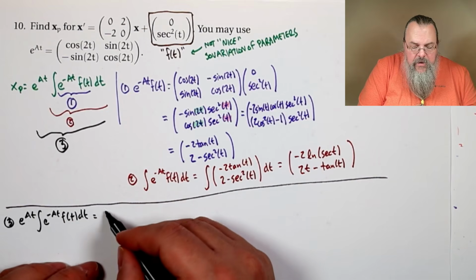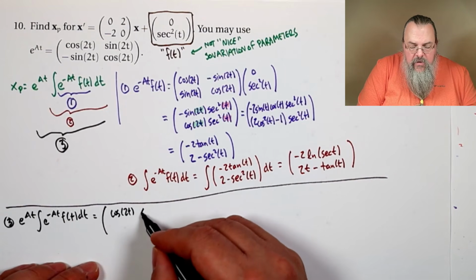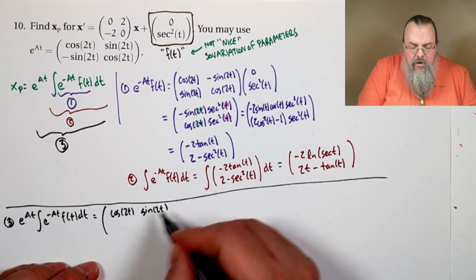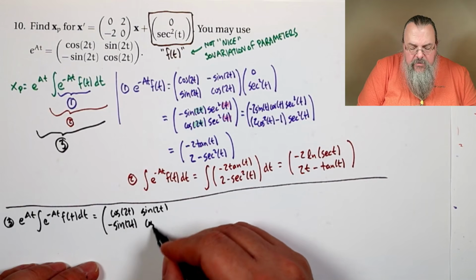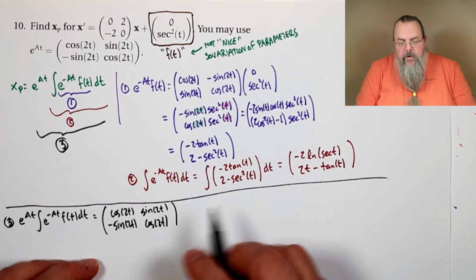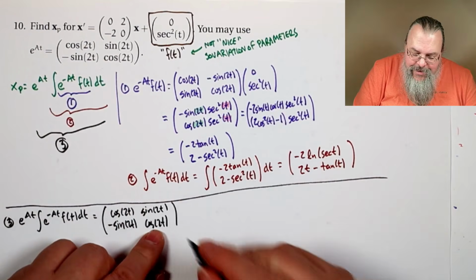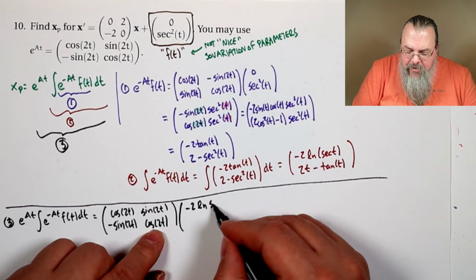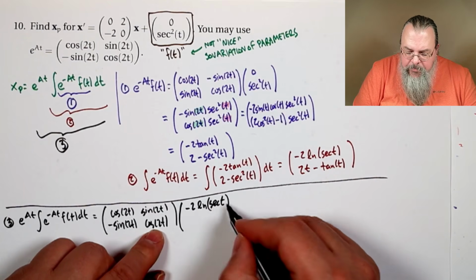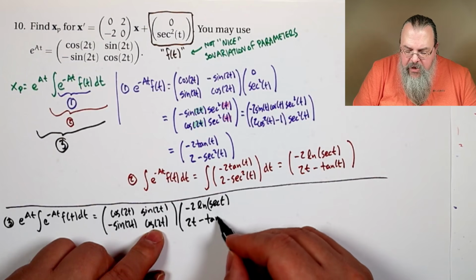Well, that is our function cosine 2t, sine of 2t, minus sine of 2t, cosine of 2t, right? That's our e to the at. They gave it to us. Times what we just found, minus 2 log secant of t. And then we have 2t minus tangent of t.